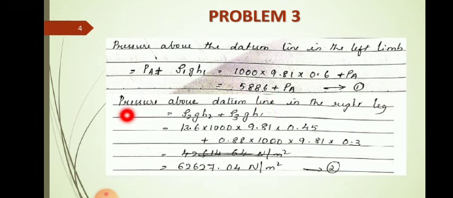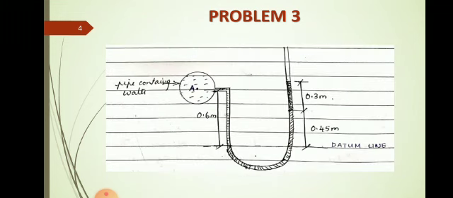Now you are considering the right limb or right leg. Pressure above the datum line in the right leg. See the figure, in the right leg this is the datum line. What all pressures are there above the datum line in the right limb? Pressure due to mercury for a height of 0.45 meter and pressure due to benzene for a height of 0.3 meter.